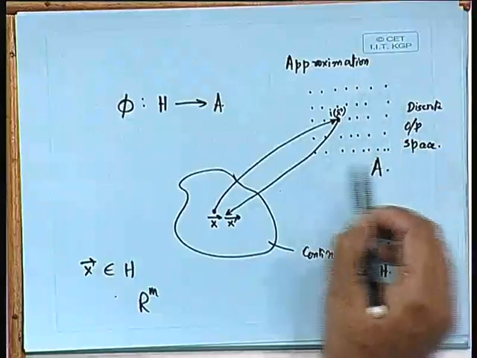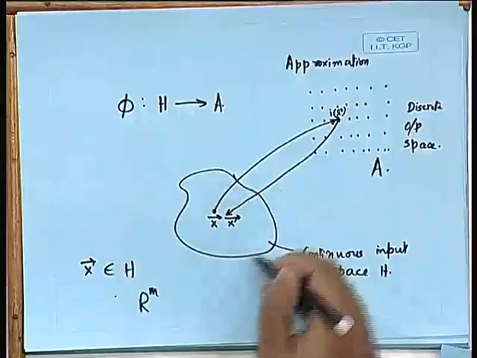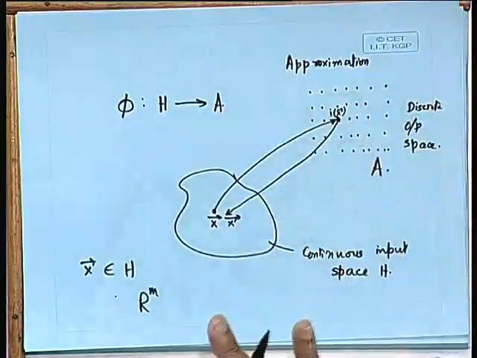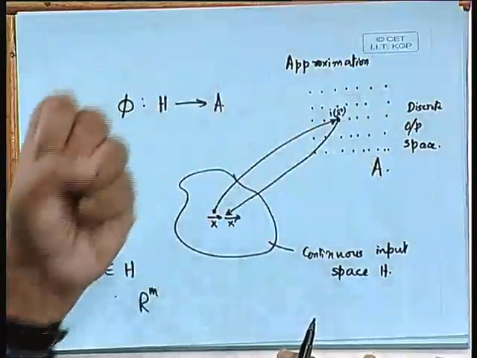So, effectively the continuous space, where there can be a large set of values, is being mapped into the discrete space having a limited number of neurons. My code words will consist of as many neurons as I have. If I have 100 neurons, 10 by 10, then I can only encode all these input vectors using one out of this 10 by 10. So, I have a limited resource from which I try to encode a large continuous space.